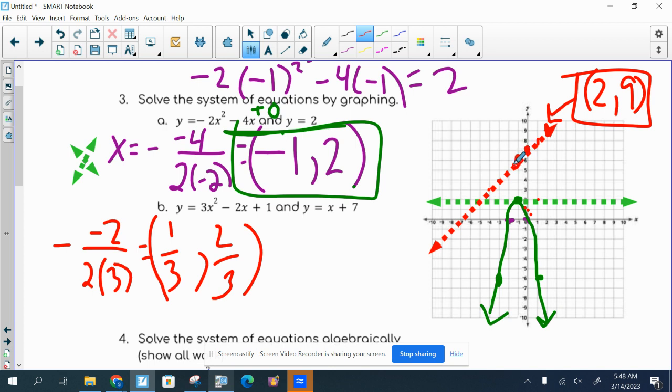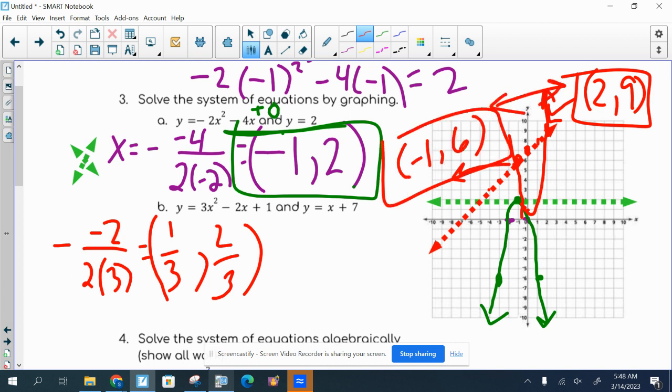So although the vertex was a fraction, it did work out for us, and the solutions were integers, which means not fractions. Okay, so your other solution is negative 1, 6. So those are the two solutions for part B.